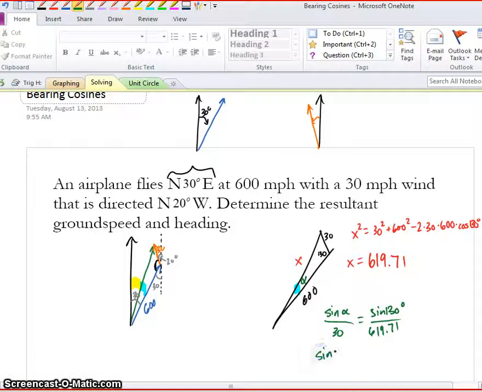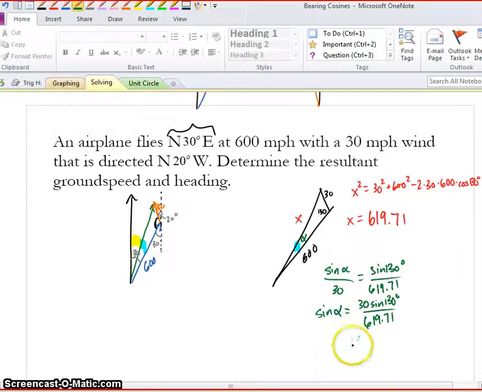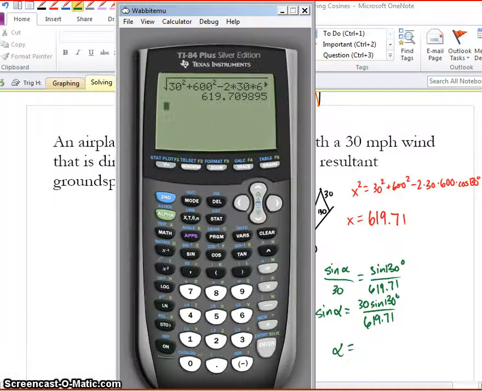Which means that sine of alpha will be equal to 30 times sine of 130 degrees over 619.71, which means that alpha, if we go to our calculator, should be equal to sine inverse of 30 times sine of 130 divided by 619.71, or better yet, instead of typing in an approximation, we can pull our answer from the previous problem.